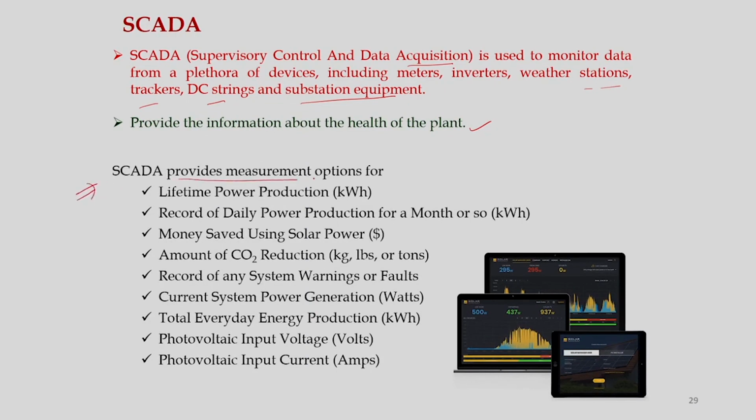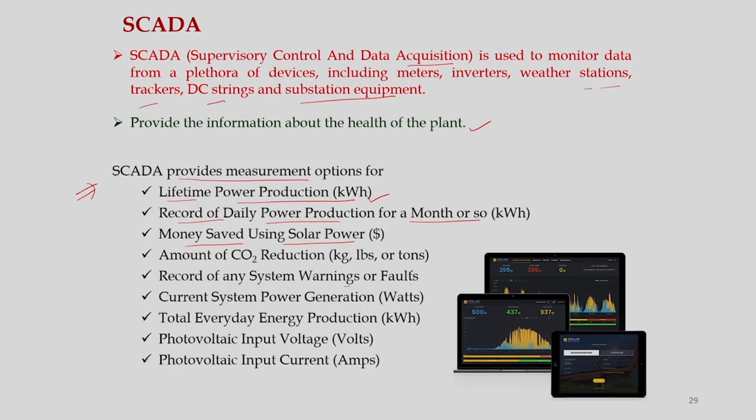So, this SCADA provides measurement options for lifetime power production. So, this will be in kilowatt hours, a record of daily power production for a month or so, and money saved using solar power, then the amount of carbon dioxide reduction, then a record of any system warning or fault.